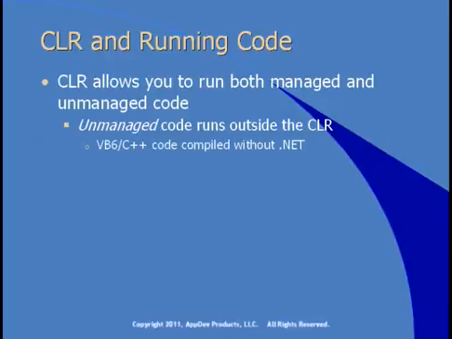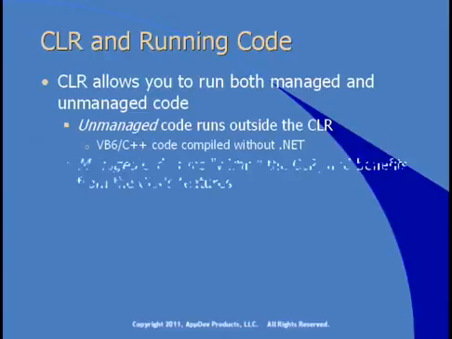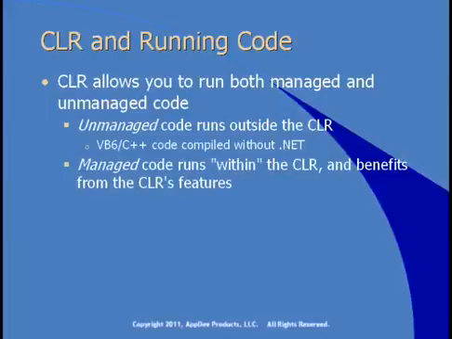Although it's not the Common Language Runtime that loads these things, applications can cause these to be loaded, and they'll still work with the CLR running at the same time. Managed code runs within the CLR and benefits from all the CLR's features, memory management, garbage collection, and so on.